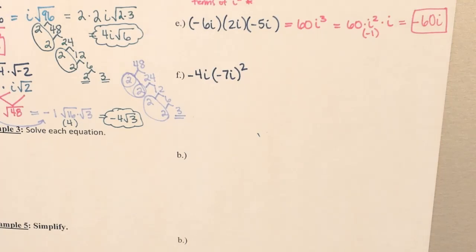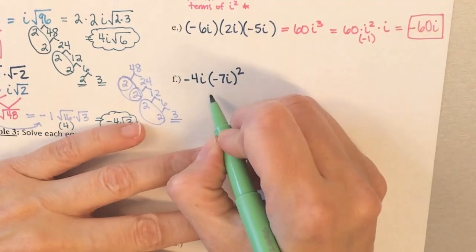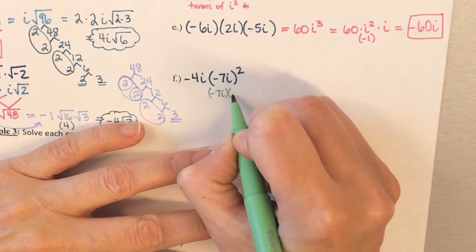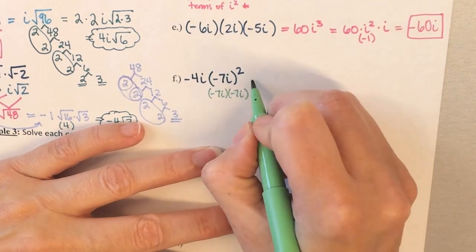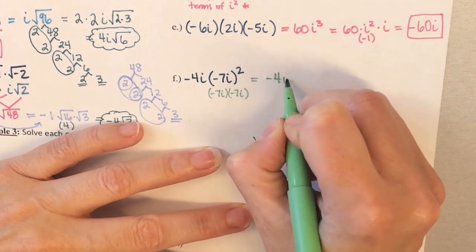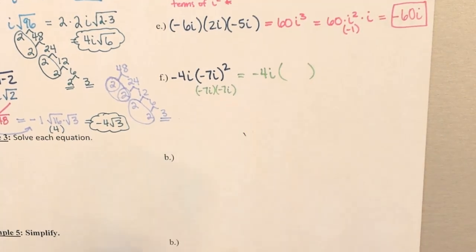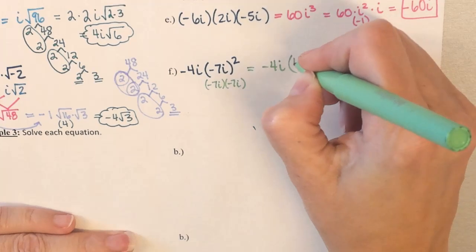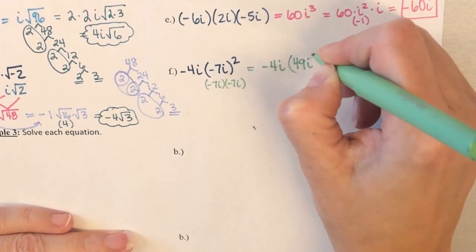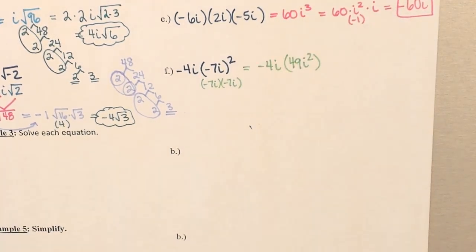So when you're doing the exponent, remember that -7i is the same thing as -7i multiplied by itself. Okay, so I'm going to keep the -4i in front. -7 times -7 is 49, i times i is i squared.